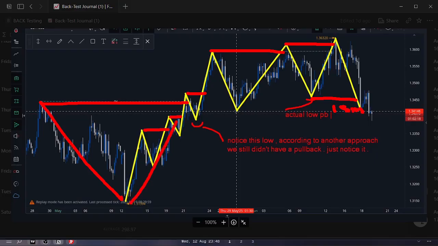But what actually happened, we assumed, and according to our FIB rules, this was the correct structure, the correct 15-minute, oh my bad, this was the correct pullback according to our FIB levels.